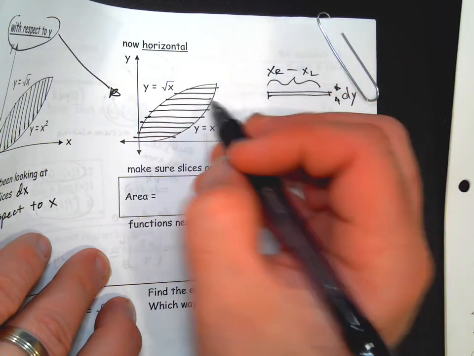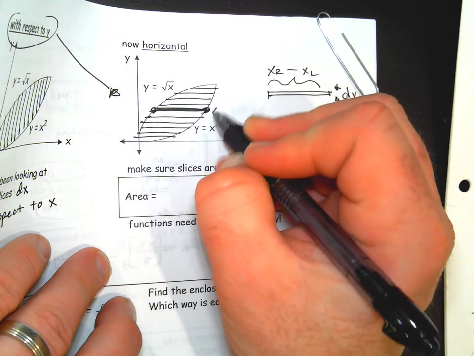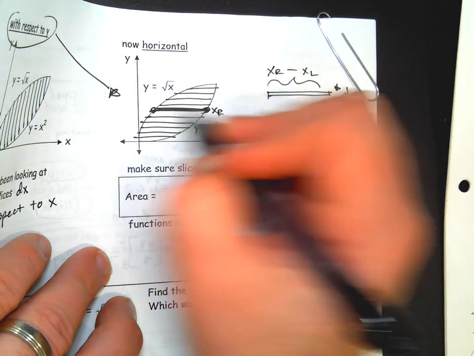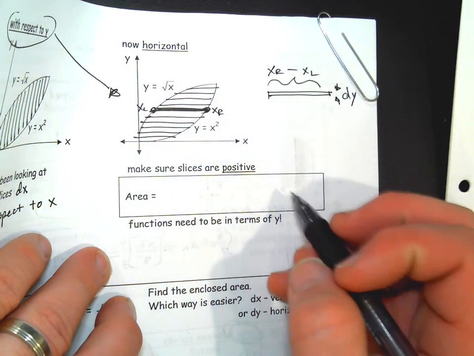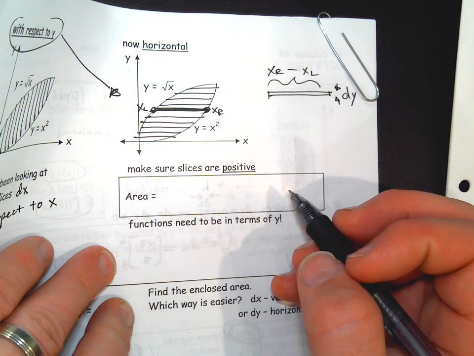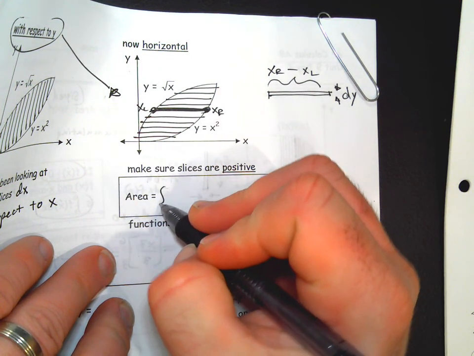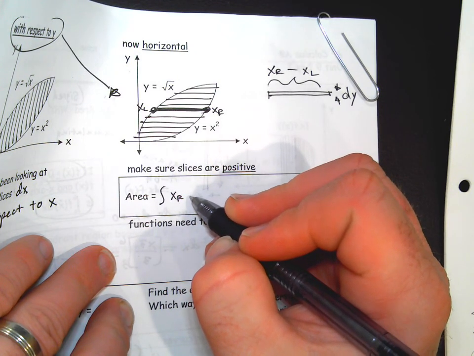So if we look at one slice, we want to do the x coordinate on the right minus the x coordinate on the left to give us the dimension of that slice. So we're going to do x right.